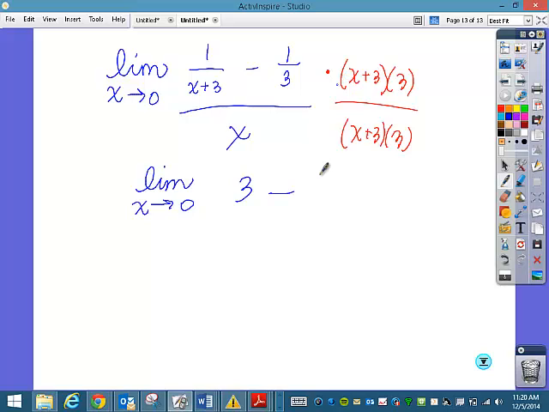You're all cool with that? But you have to put it in parentheses. And then in the denominator, I'm not going to FOIL it out or expand it. I'm just going to leave it x times x plus 3 times 3 for now.